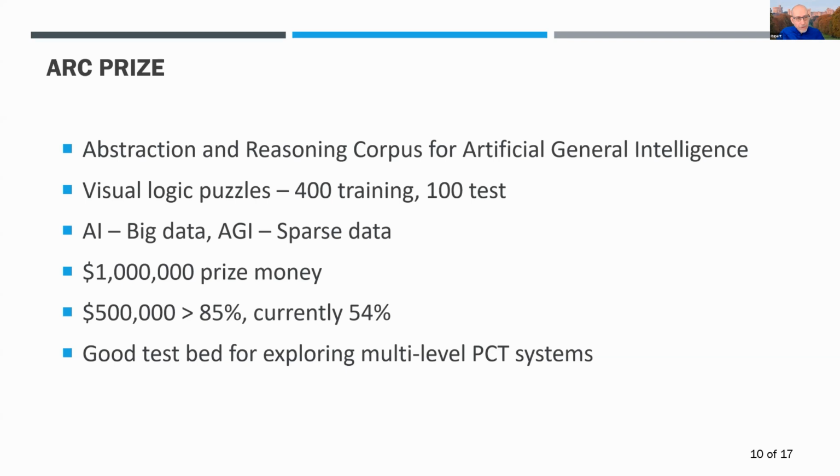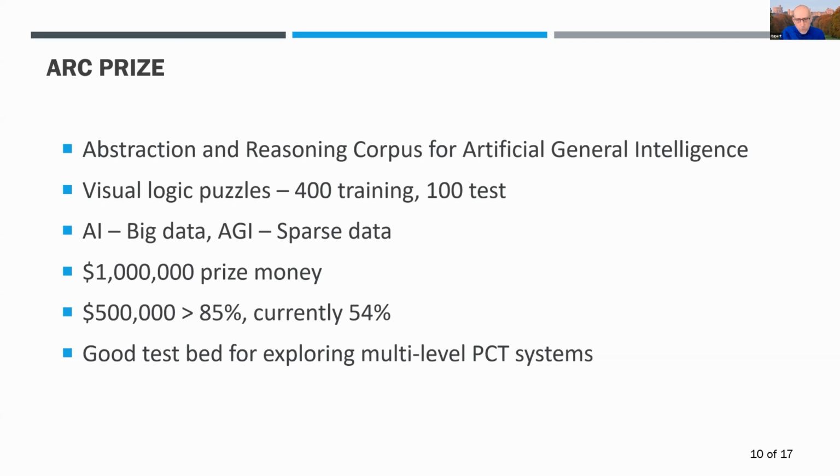It's an annual prize, and the biggest prize is $500,000, if you get over 85% on the test set. I think the competition this year finished last week, and the last time I looked, the success was about 54%, so there's still some way to go.